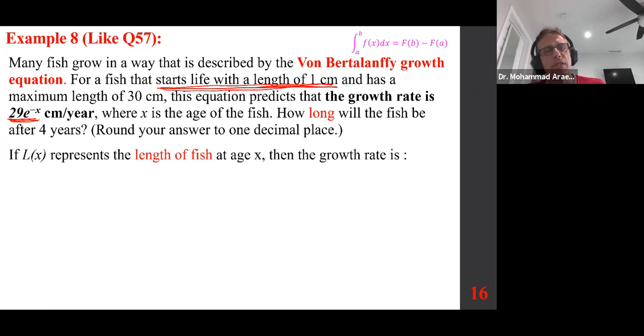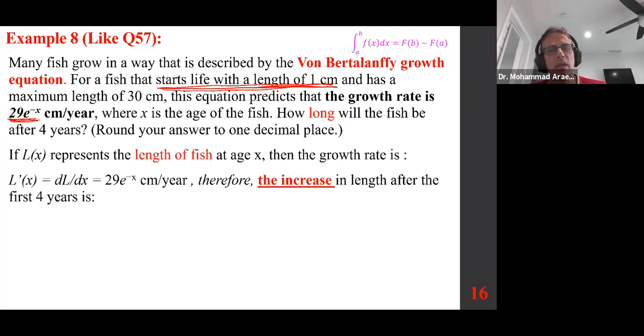So if L of x represents the length of a fish at any age x, then the growth rate is what we have here. And the amount of increase in length can be calculated as follows: the accumulated change or the net change theorem can be used here. So we're going to integrate that from 0 to 4, since we want it for the first 4 years.